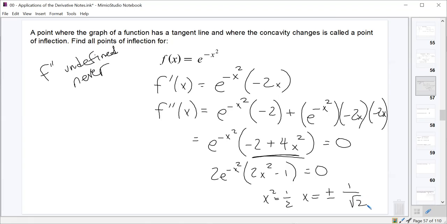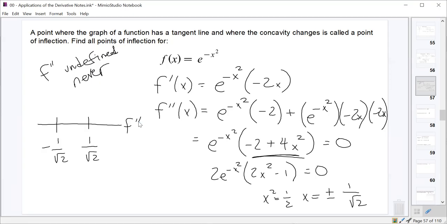So we'll make a sign chart for a second derivative here with negative 1 over root 2 and positive 1 over root 2 on it. And an easy number between those to plug into our second derivative would be 0.